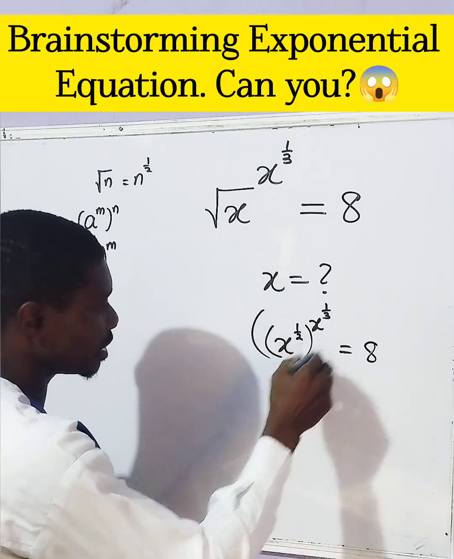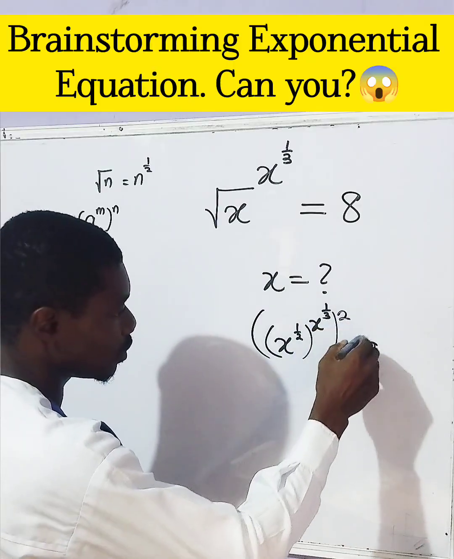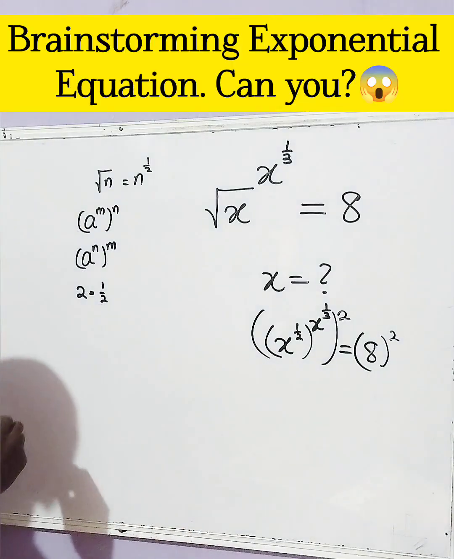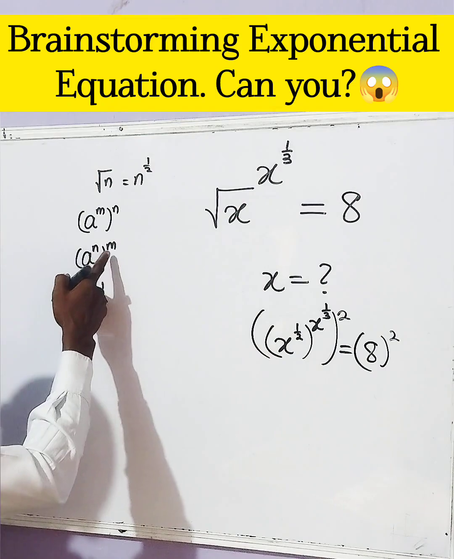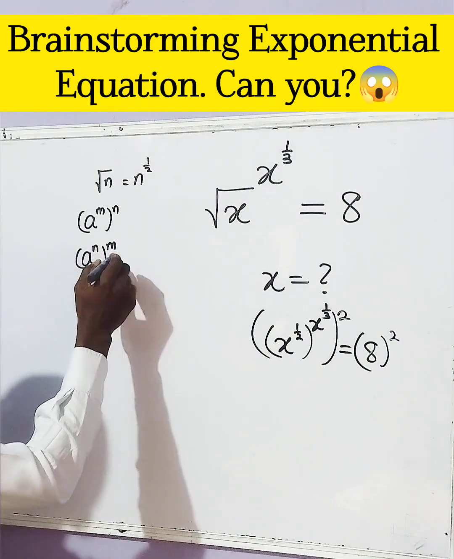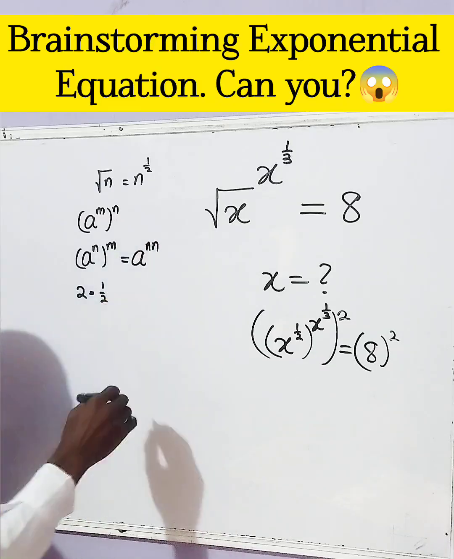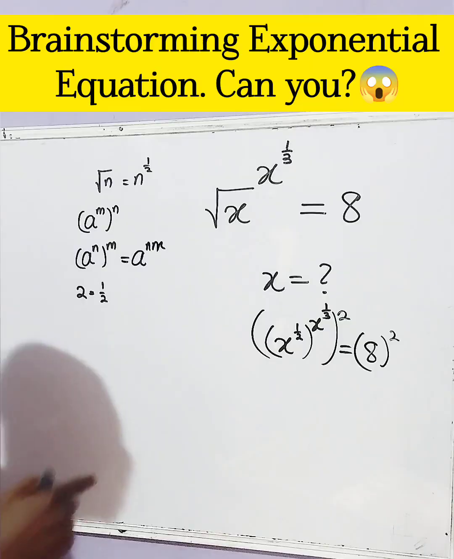So if I raise this to 2, raise this to 2, now there is a law: this is a raised to mn, or rather nm.